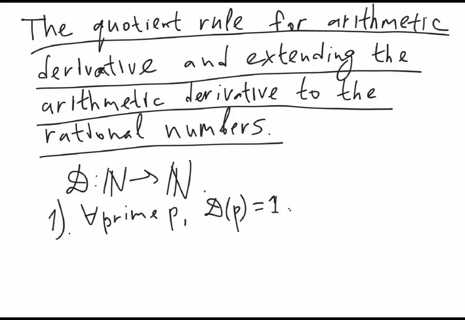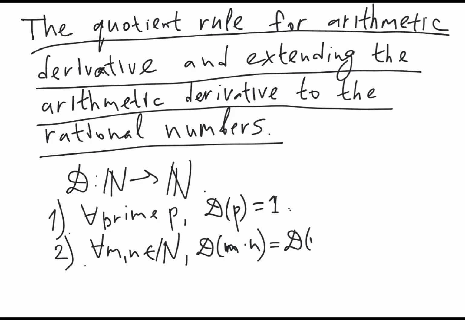And then the product rule: for any two natural numbers m and n, we have d of the product m multiplied by n is equal to d of m multiplied by n plus m multiplied by d of n.